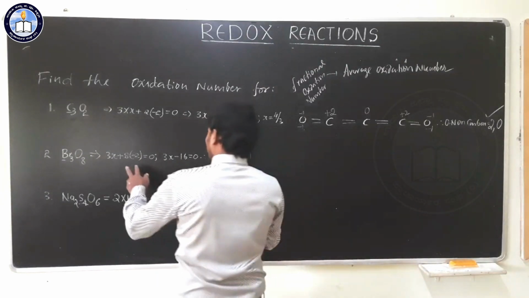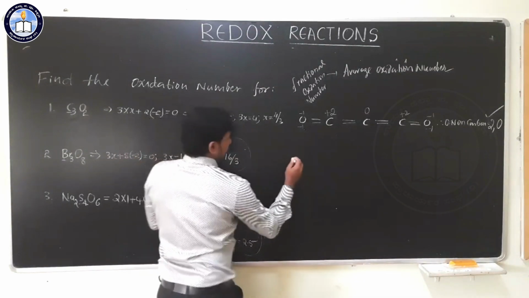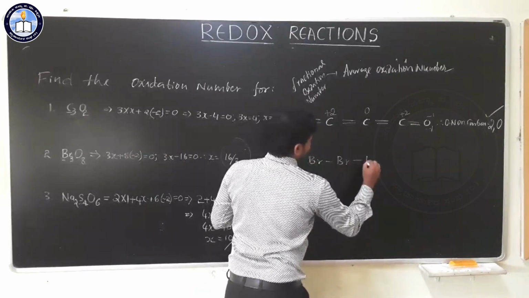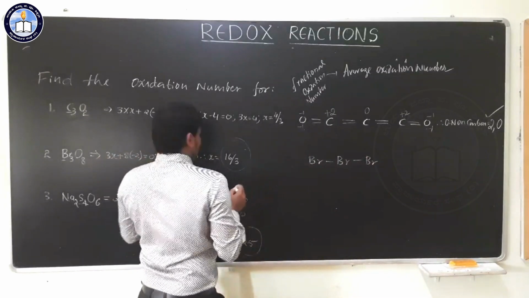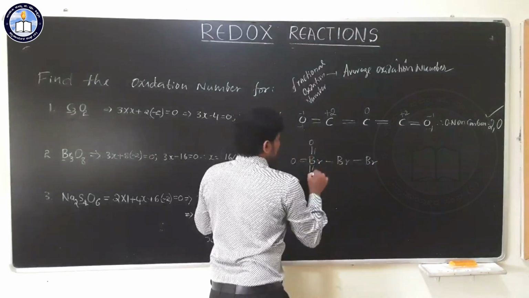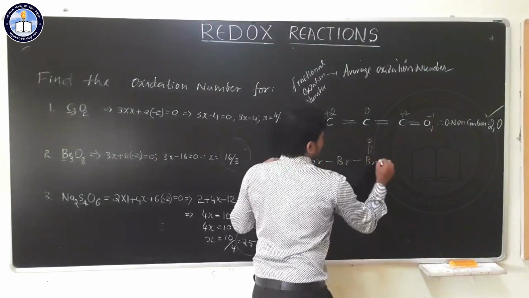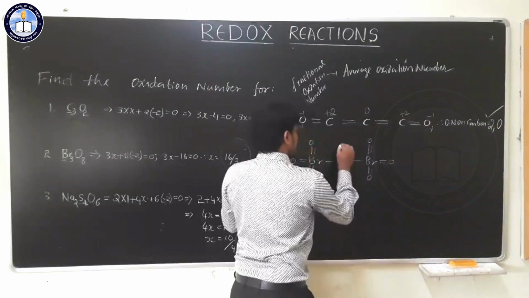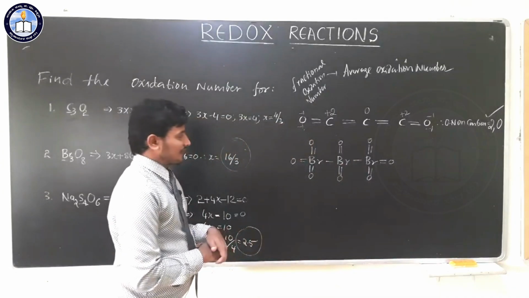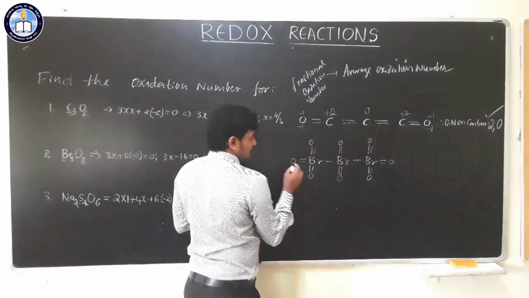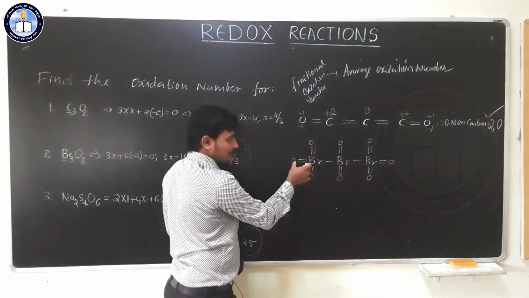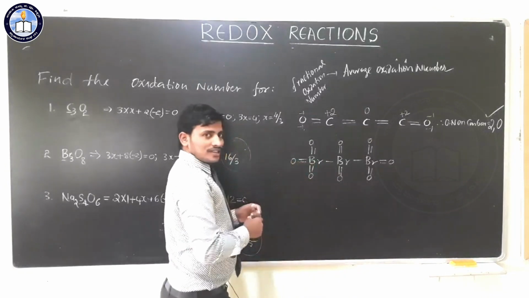What about this case? 3 Br: first, second and third. 8 oxygen atoms are there, 1, 2, 3, 4, 5, 6, 7, 8. For this oxygen, as I already mentioned, when we compare electronegativity between oxygen and Br, oxygen has more electronegativity.